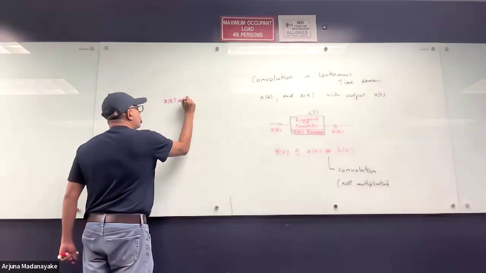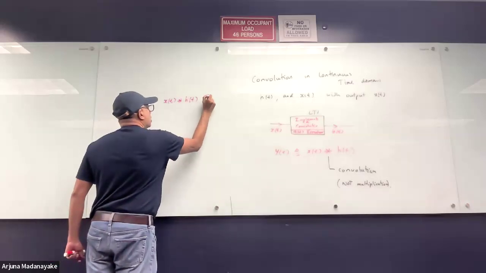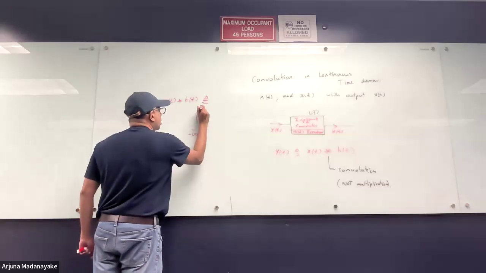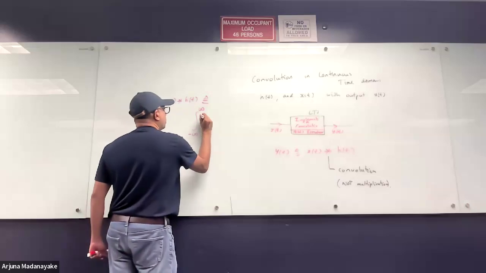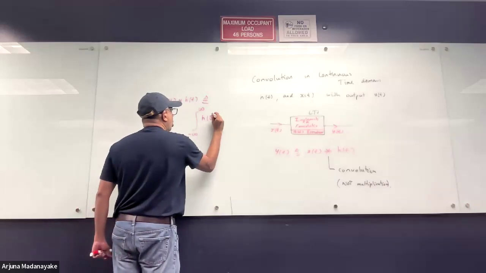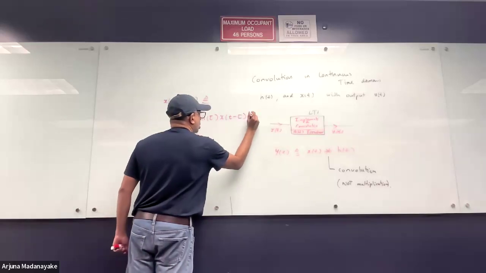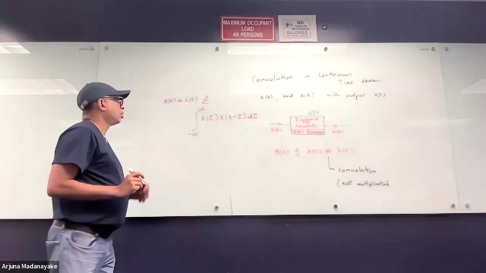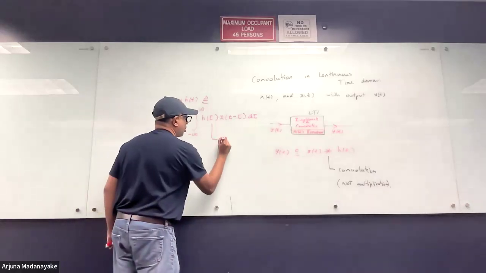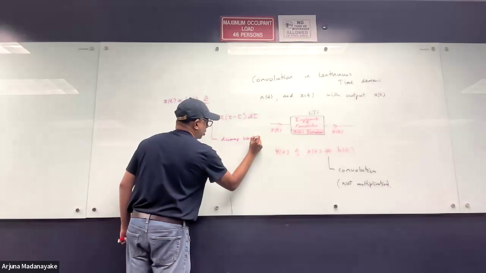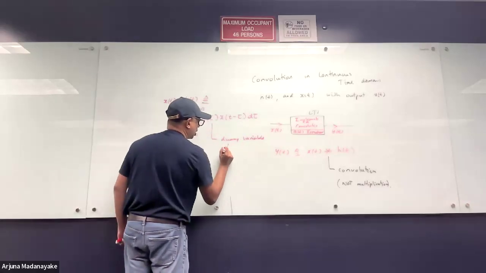x of t convolved with h of t is by definition the integral from minus infinity to infinity of h of tau x of t minus tau. Tau is a dummy variable.